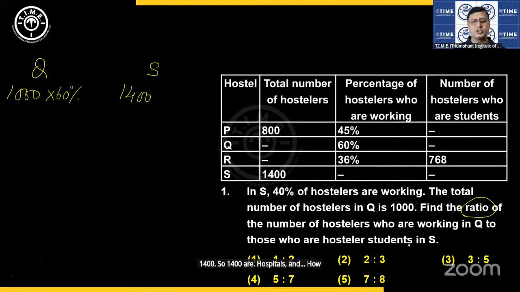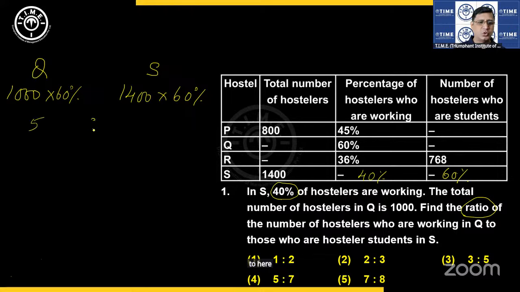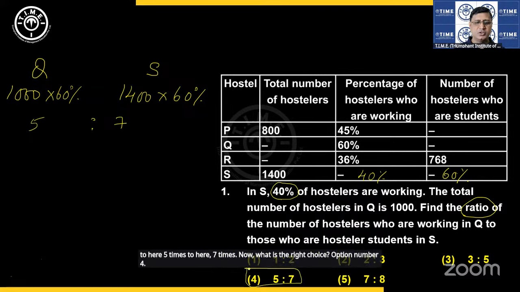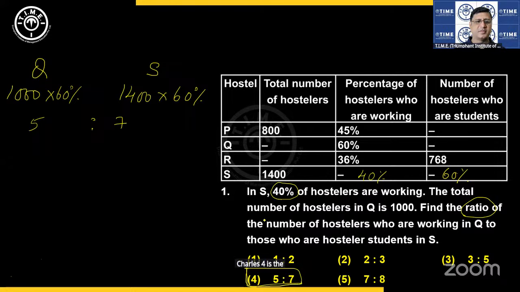How many hostelers are students in S? If 40% hostelers are working, the remaining 60% are students. Now simplify this. 60 and 60 get cancelled. Zeros and zeros we can cancel. Two here, 5 times, two here, 7 times. Now what is the right choice? Option number 4.